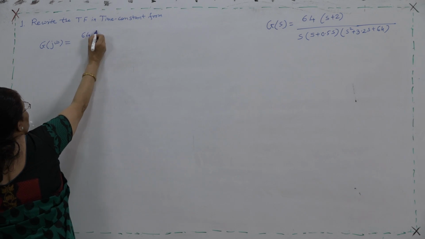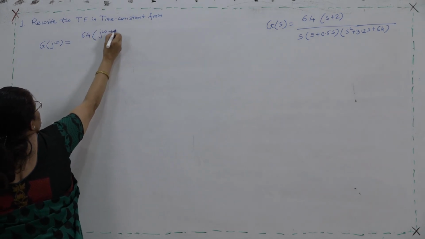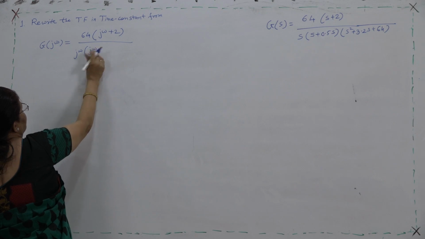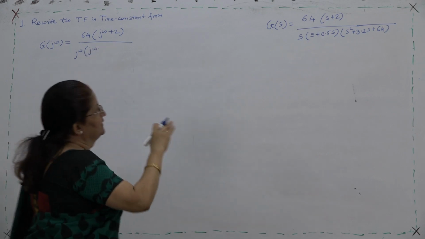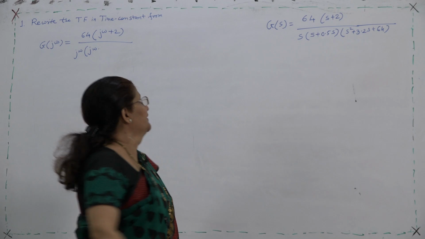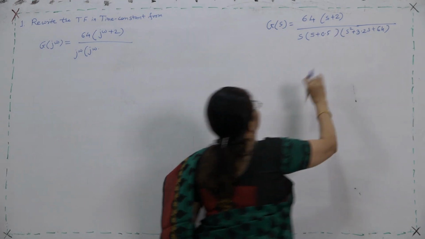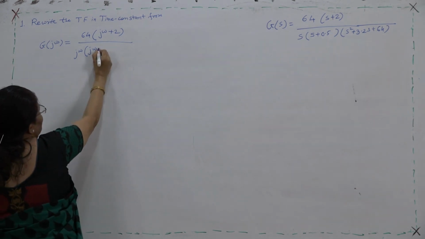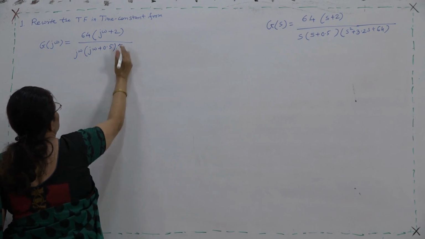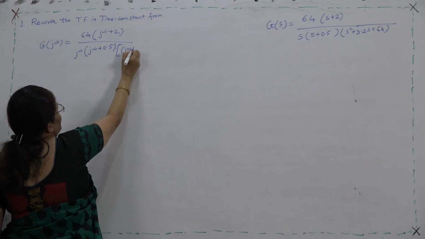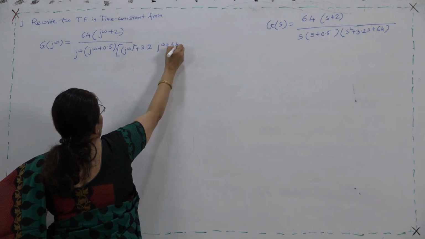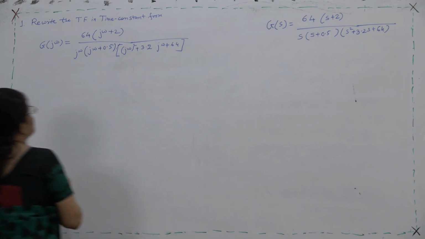We get 64 into bracket (j omega plus 2), into j omega, into (j omega plus 0.5), and this is the complex conjugate pole, (j omega) square plus 3.2 j omega plus 64. So, the first step is to replace s by j omega.